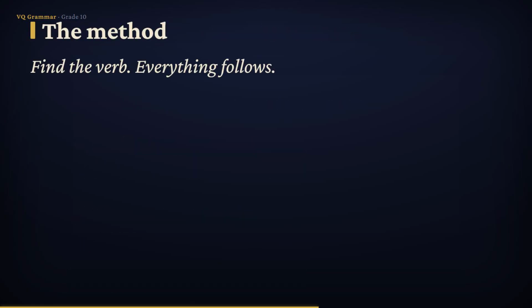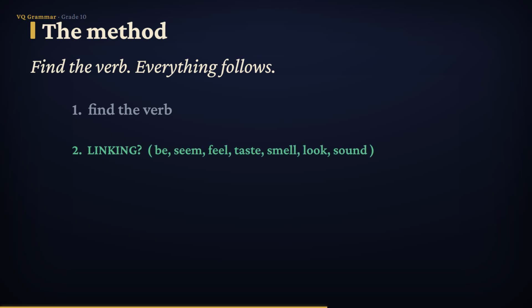Let's boil all of that down into one method you can run in about 2 seconds. Step 1, find the verb. Step 2, ask whether it is a linking verb. Be, seem, feel, taste, smell, look, sound. If it is, the word you want is an adjective, which means good or bad.